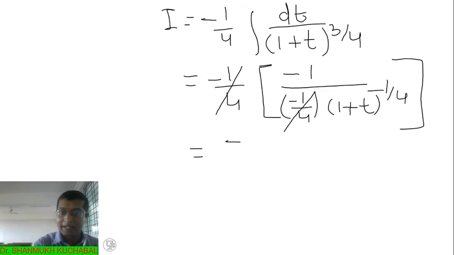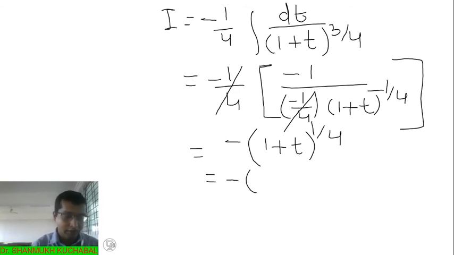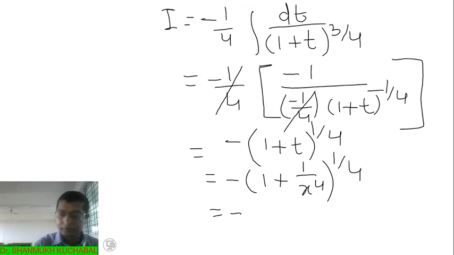So we get minus from the numerator common, and 1 plus t raised to minus 1 by 4, we transpose it to the LHS, so it will become plus 1 by 4. So further I write the value of t as 1 by x raised to 4, raised to 1 by 4. So further taking LCM, we get x raised to 4 plus 1 divided by x raised to 4, raised to 1 by 4.